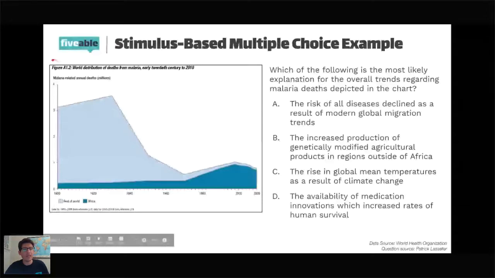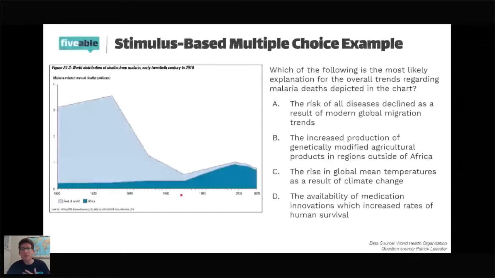So malaria-related deaths in millions, 1900 to 2009. I'm not going to do any more of that. I know what this chart is showing, but I'm not sure what the question's going to ask yet. So I'm not going to waste time trying to understand the details of the chart. It may be about the chart. It may be asking about trends in the chart.